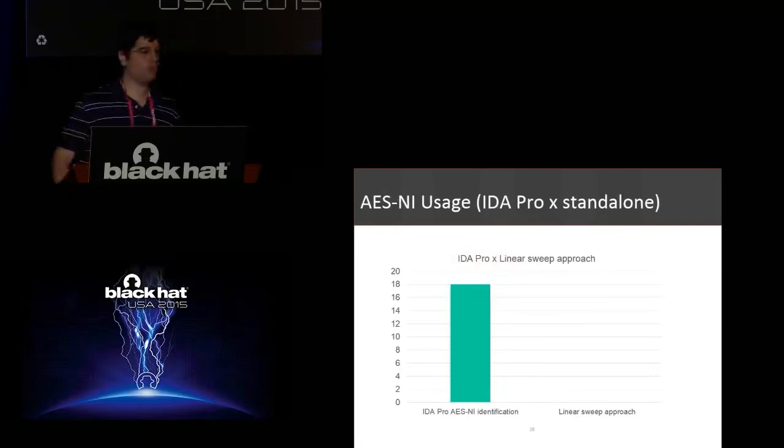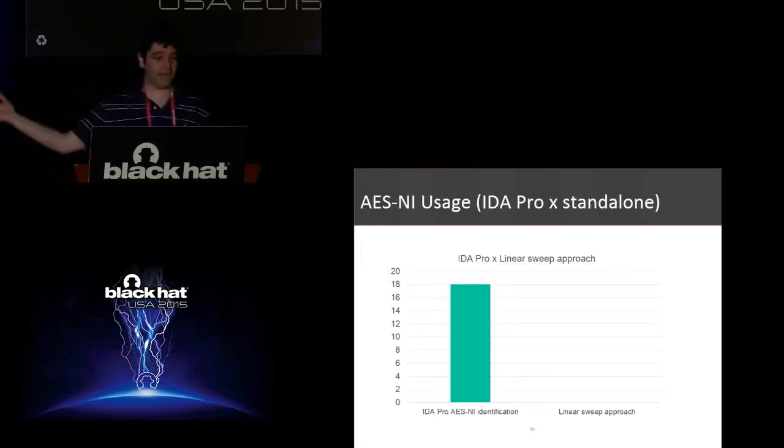We used the AES-NI optimization, the instructions to optimize AES, right? And we had a question: how is malware taking advantage of that, like for encryption? So we asked the question, and among all the samples analyzed, just 18 samples are actually using the AES-NI instructions. There are two charts here because it's a comparison.